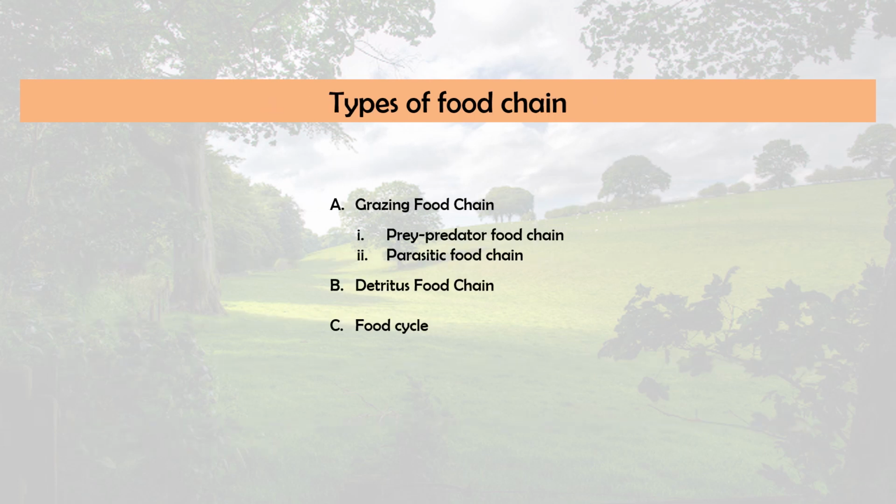Now we're going to discuss the types of food chain. There are generally two types of food chain, that is grazing food chain and detritus food chain. But a special type of food chain has been added, that is food cycle. We're going to discuss all of these one by one.